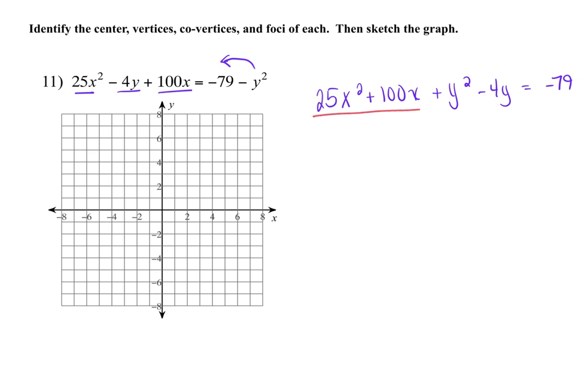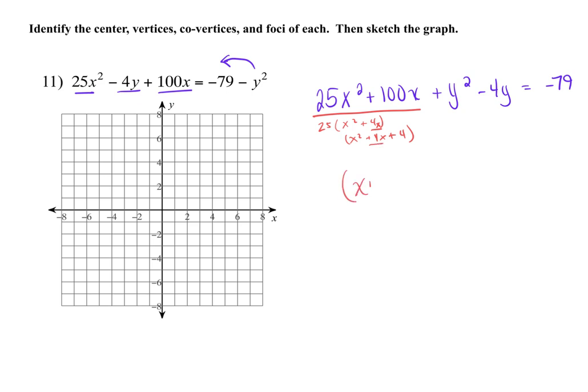To complete this square, I need to factor out a 25. All right? So if I factor out a 25, I have x squared plus 4x. I need to complete this square. To complete that square, divide the 4 in half and square it. So you get x squared plus 4x plus 4, right? That is completing the square. I write it like this.